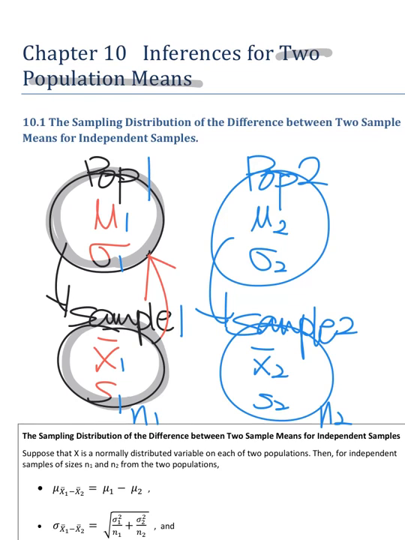What do you expect? What are we going to do? It is inference. Inference means hypothesis test. Yes, absolutely. We are going to compare the two population means. We are going to test if they are the same or not.